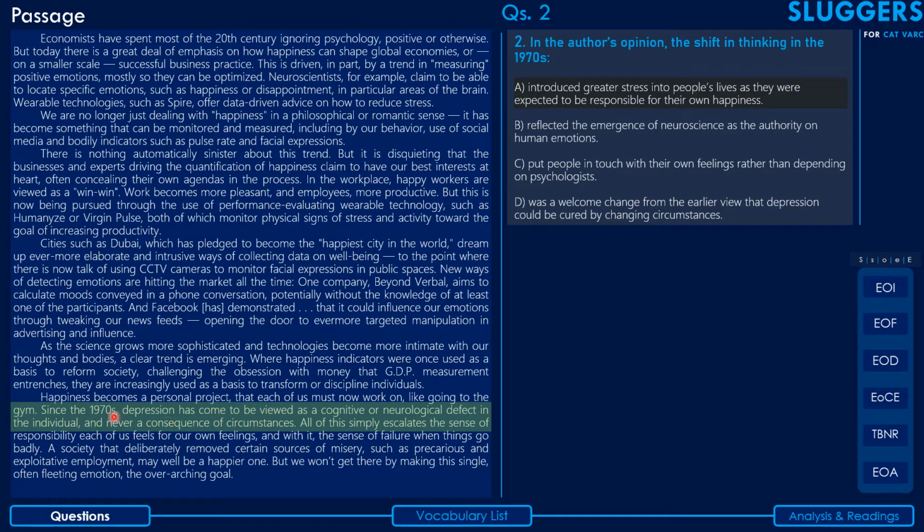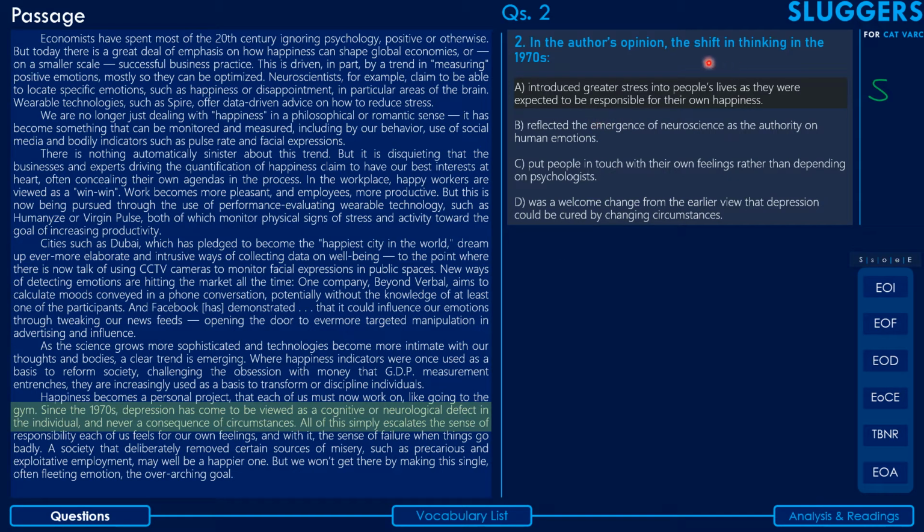So yes, the shift in thinking since the 1970s, the author does say that it has escalated the sense of responsibility that each of us feels for our own feelings, and that's exactly what option A says in a paraphrased manner, right? So this can be an answer, and I'm going to mark this as a capital S here. Strong selection.